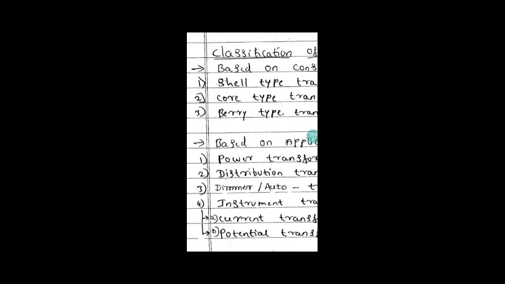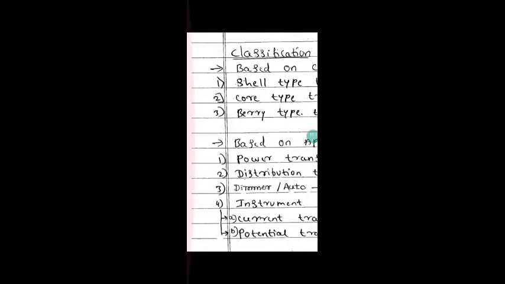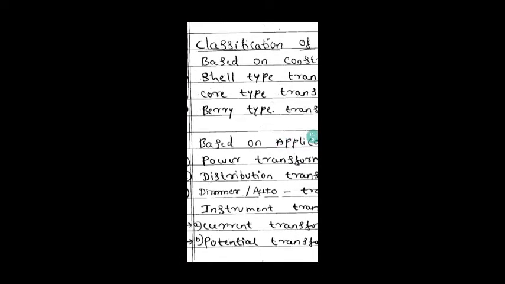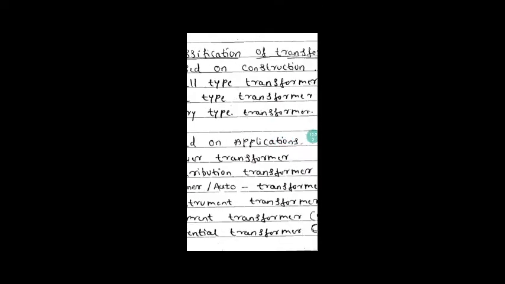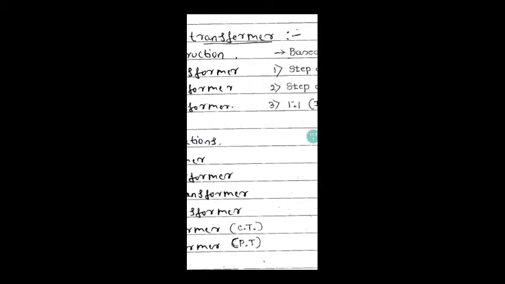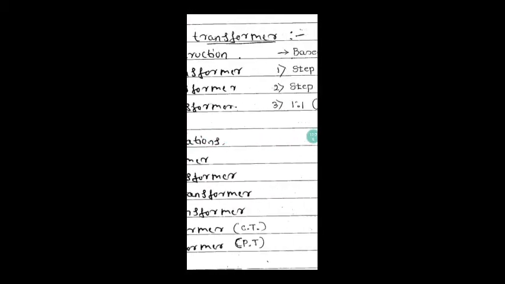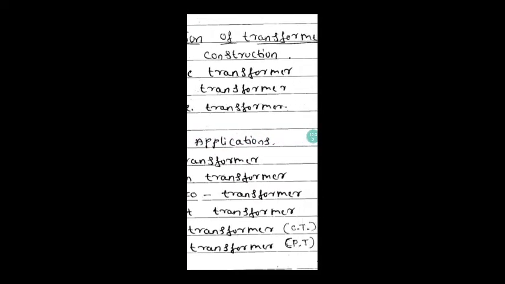Based on application, again there are three types: power transformer, distribution transformer, and auto transformer. This we have also used in the lab, the auto transformer or variable transformer. Next, number 4 is the instrument transformer, which is divided into two types: number 1, current transformer (CT), and next is potential transformer (PT). This is the classification of transformers.